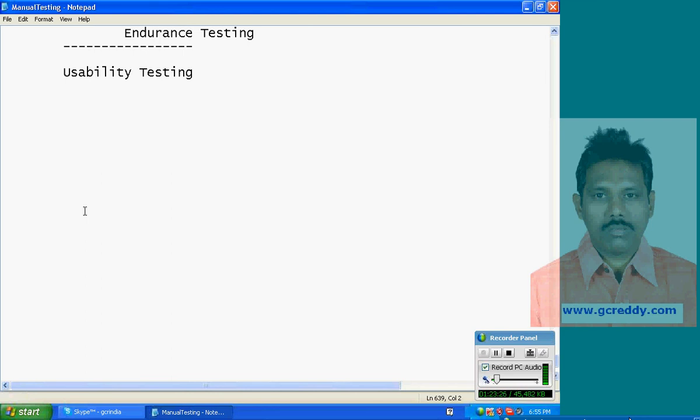See, usability testing means testing the user friendliness of the system. User friendliness means easy navigation, look and feel, font sizes, proper alignment of objects, readability, learnability.